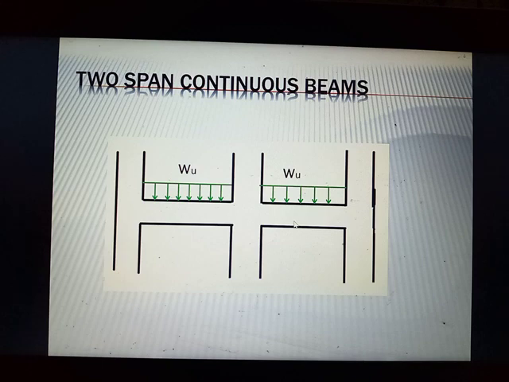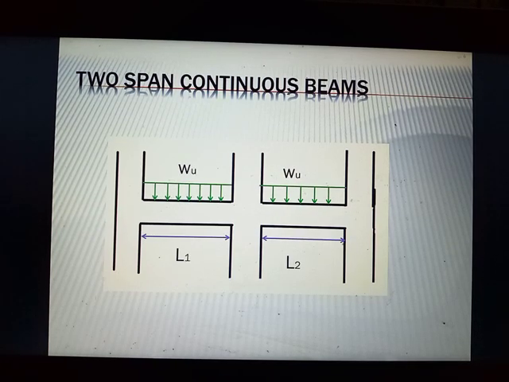This Wu should be equal in all the spans of the beams. You cannot use this type of approximate method if the Wu of this span and the Wu of this other span are not equal. Please bear in mind that all these spans should have an equal value of Wu.